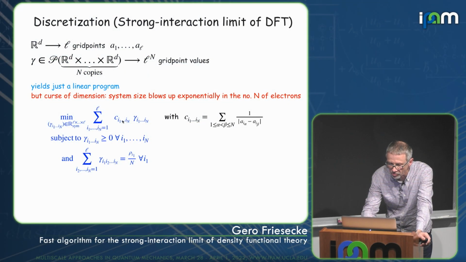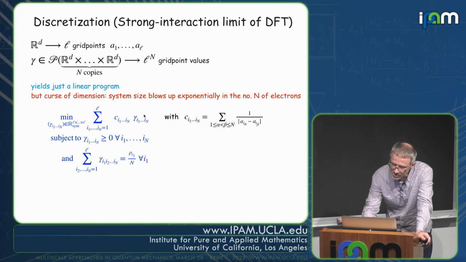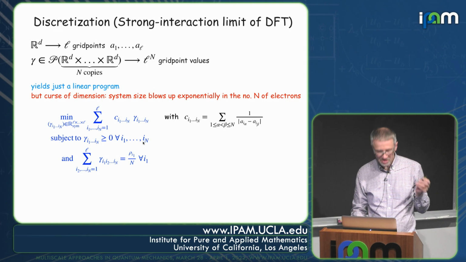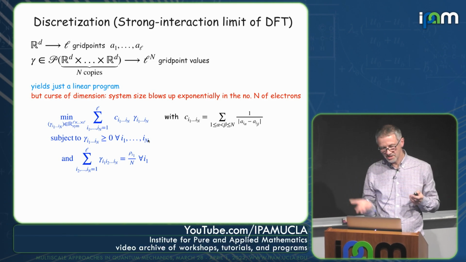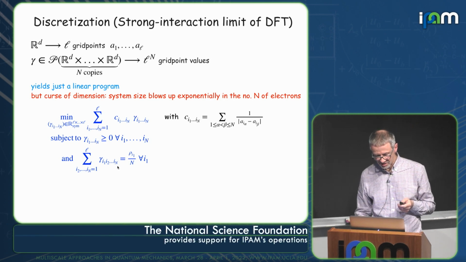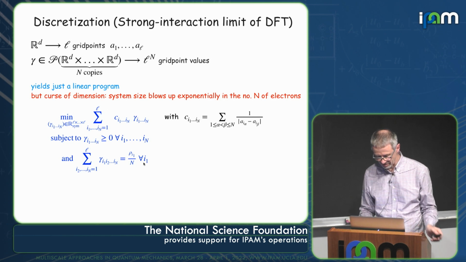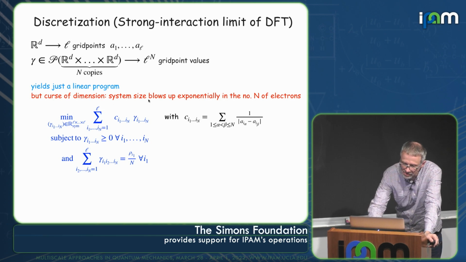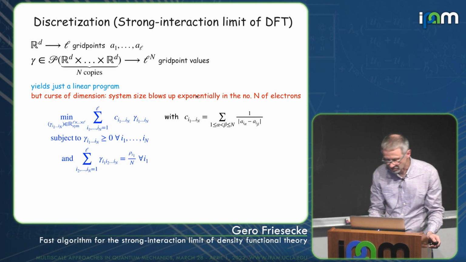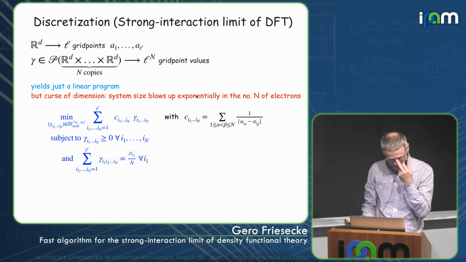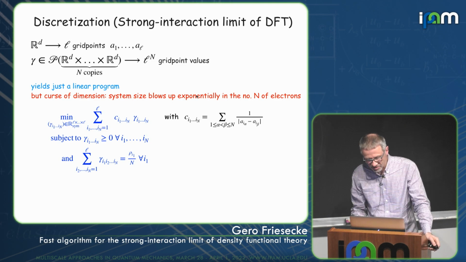You minimize a sum of coefficients times the coefficients of a probability density on a lattice, and you have a non-negativity constraint, because probability measures are pointwise non-negative, and you have the marginal constraint, which is a bunch of linear constraints. So it's just a linear program, but the trouble is the curse of dimensionality. The system size blows up exponentially, as we've seen many times in talks already, even though we're just on day 2, and I'm sure there are further examples coming in the coming days. So it's just a linear program, but it's really high dimensional.